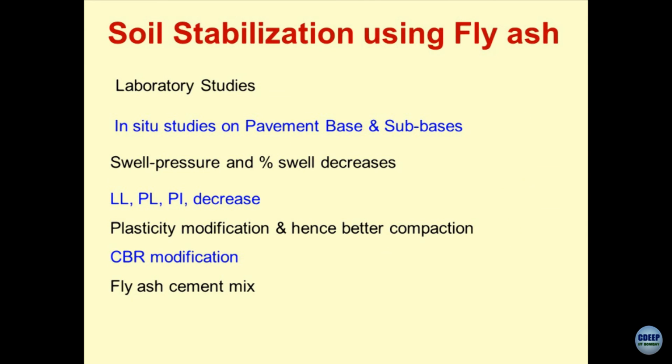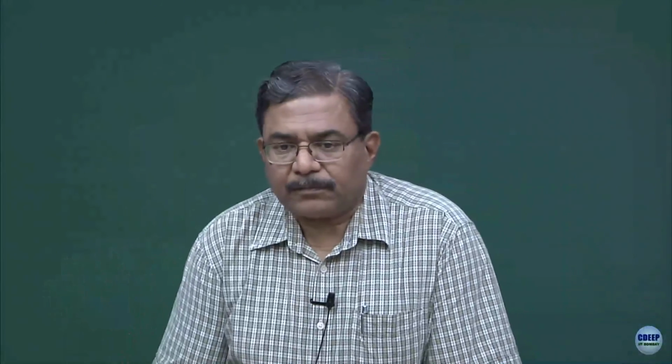CBR modification is one of the good examples of how fly ash has been used for creation of pavements, and nowadays they are using this material as the fill material for embankments, particularly RE walls. So in the absence of granular material, what people have been doing is they take the granular fraction of the fly ash which is lying either in the ponds, known as lagoons, or they filter out the coarse fractions, which is the sandy silty fraction, or sometimes the bottom ash available in the hoppers is utilized for this purpose.